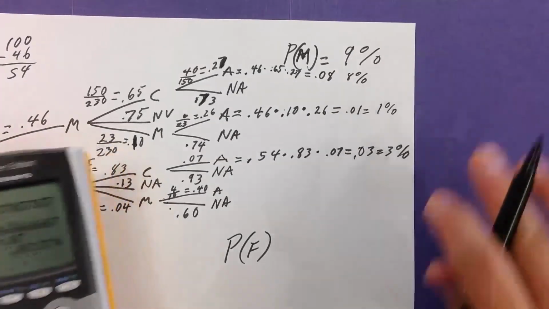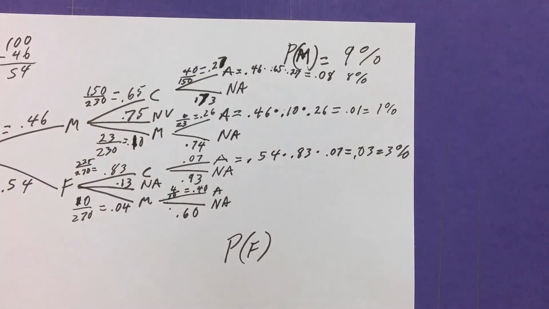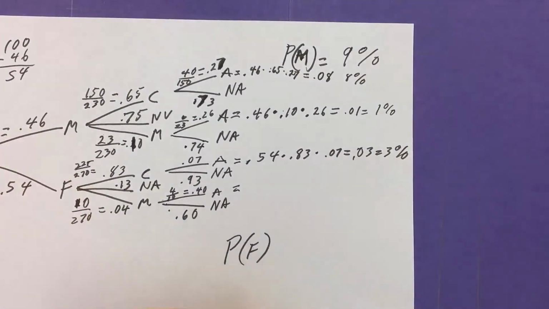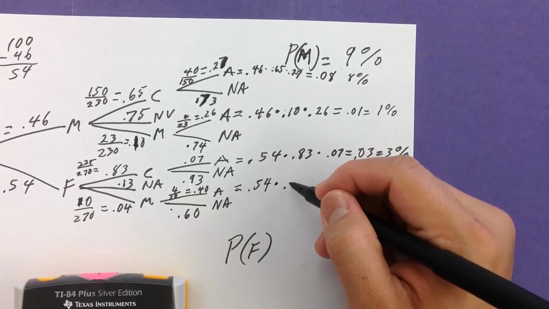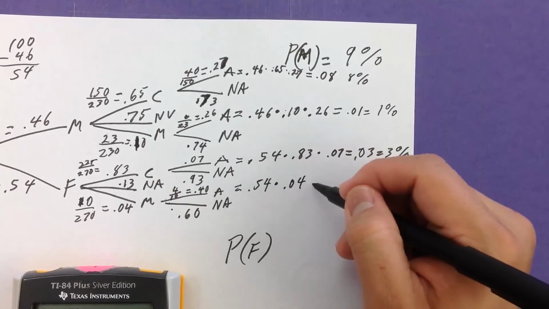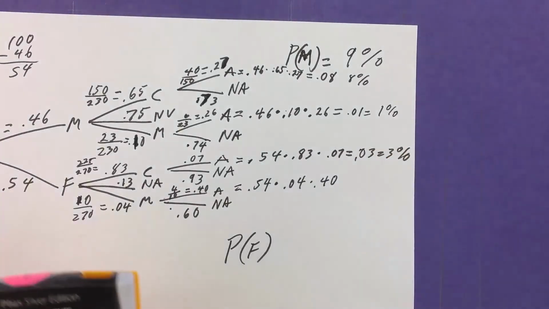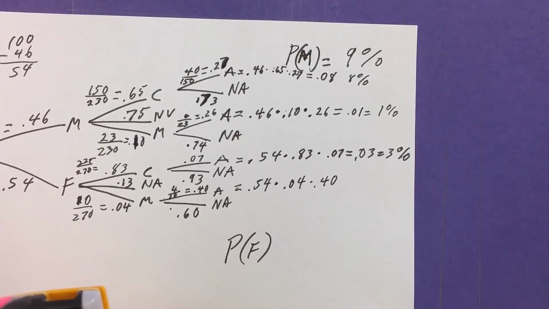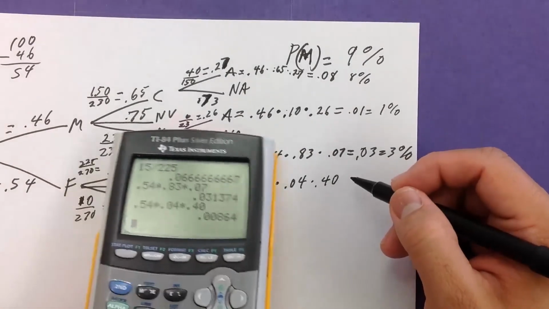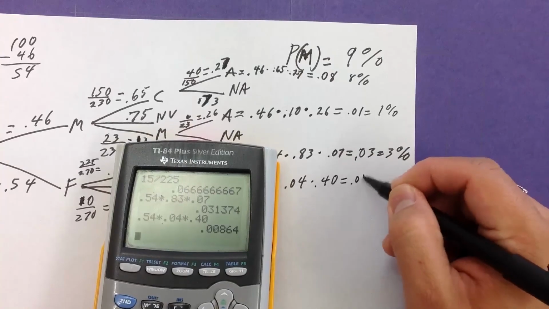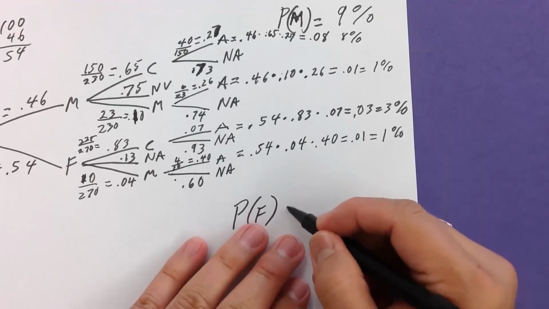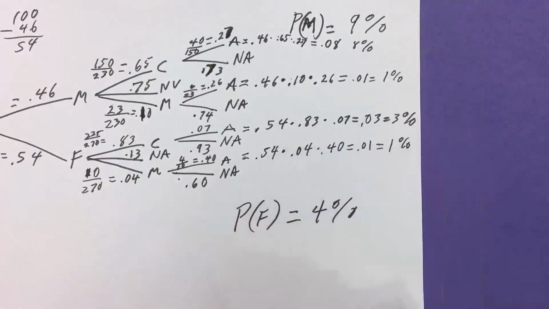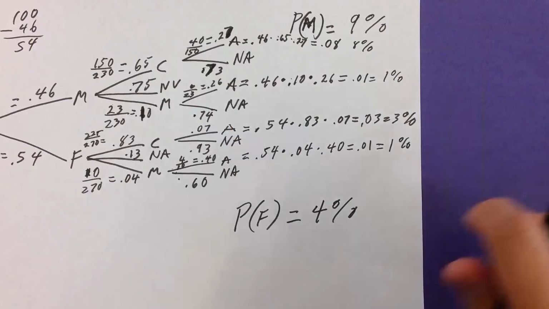And then you also have that for motorcycles. So 0.54 times 0.04 times 0.40. So it comes out to be pretty close to 1%. So it's equal to 0.01, which is equal to 1%. And so you add those together, so we say 4% probability. And that's about it. Good luck on the quiz.